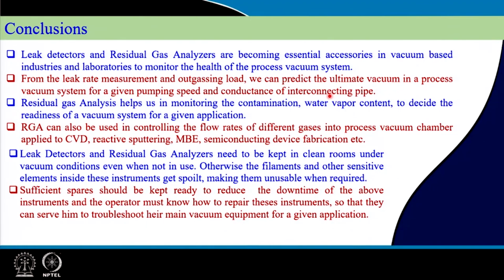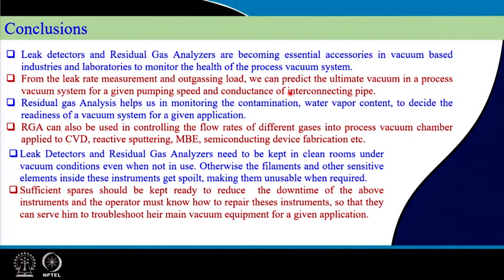So, to conclude, leak detectors and residual gas analyzers are the most essential equipment in a sophisticated vacuum laboratory or industry, particularly for high vacuum and ultra high vacuum. From the leak rate measurements, you can easily understand the quality of the chamber and the quality of the component.